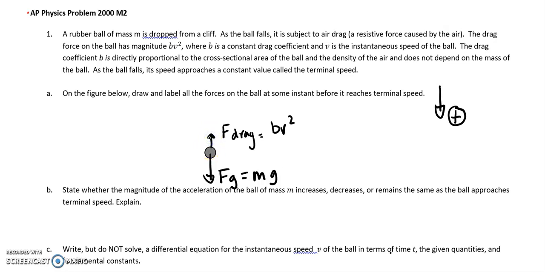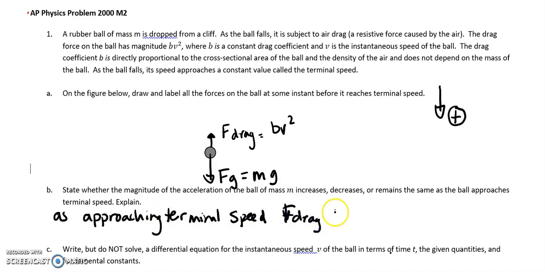Cool. So now let's look at part B. State whether the magnitude of the acceleration of the ball of mass m increases, decreases, or remains the same as the ball approaches terminal speed. Explain. Okay. So as the ball approaches terminal speed, F drag will increase.